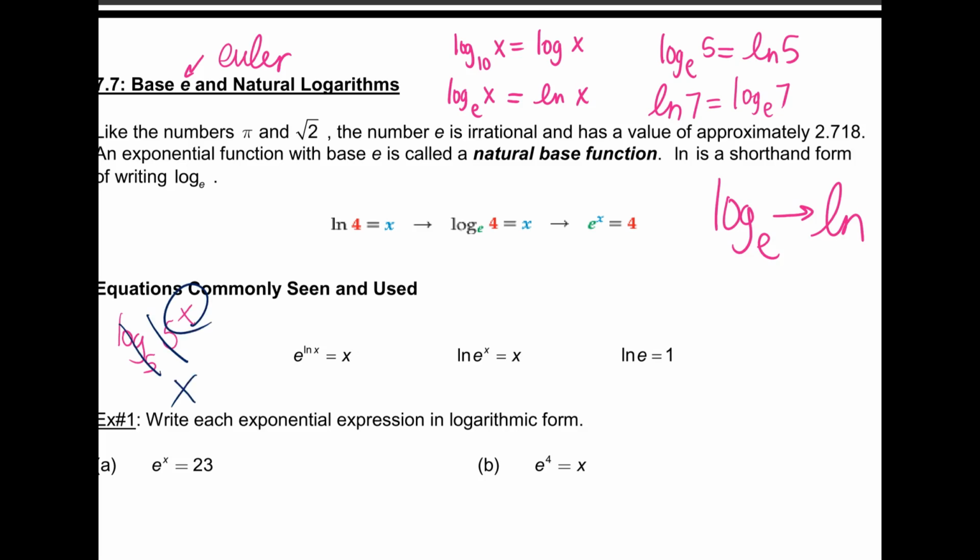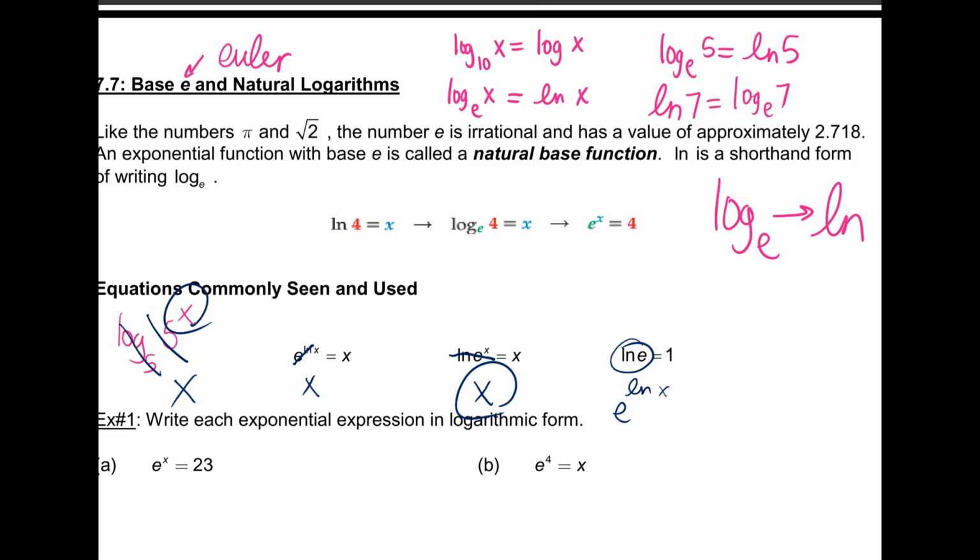Same thing if I have e to the ln of x: the e and the ln cancel each other out and I'm left with x. If I'm taking natural log of e to the x, that cancels out, I'm left with x. Whenever you have ln of e to a power or e to the ln of some number, they cancel each other out.